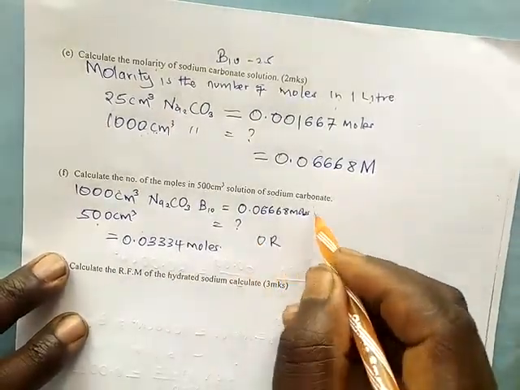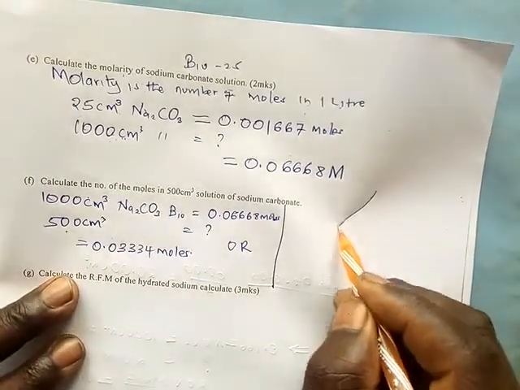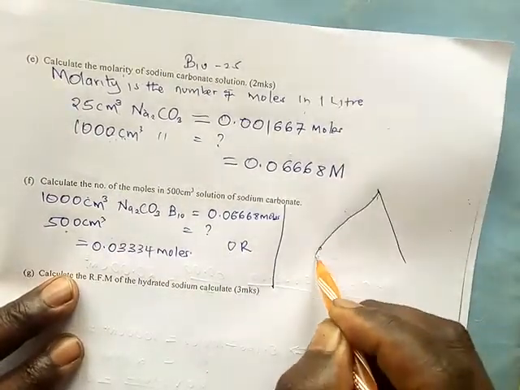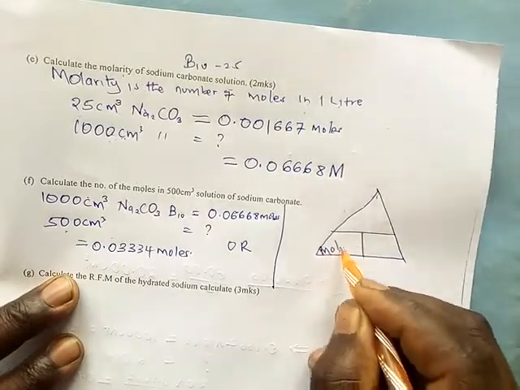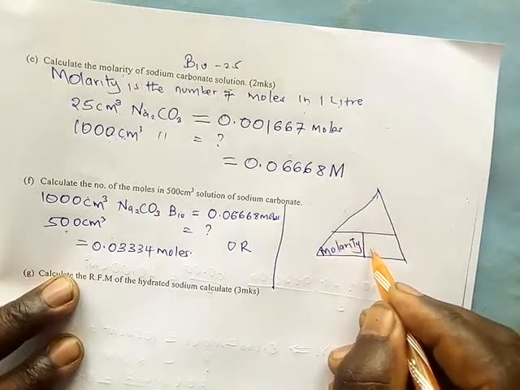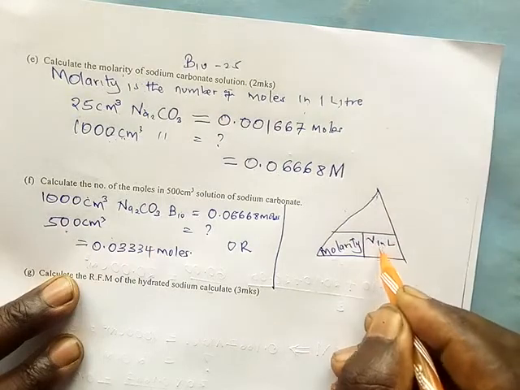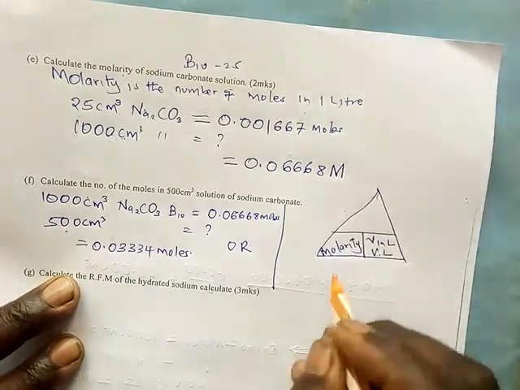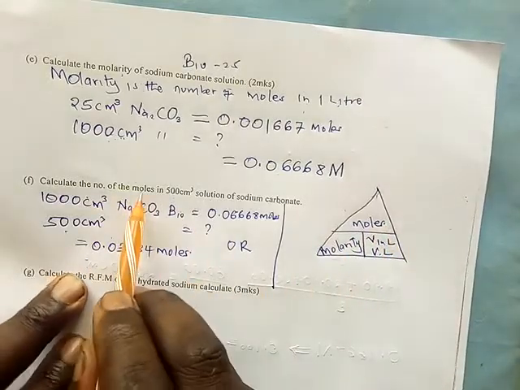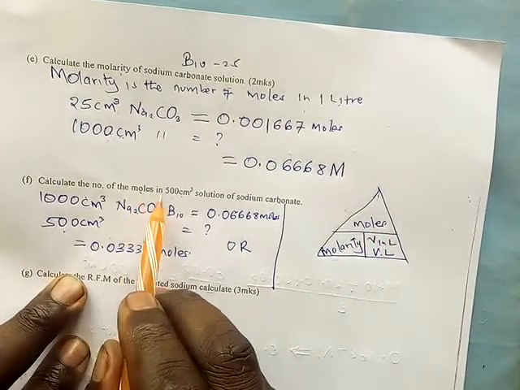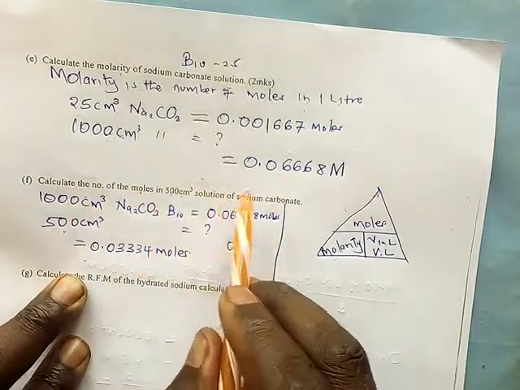Or I can give you the formula. There is a triangle we have here: molarity, volume in liters, that is V in liters, and then moles. So we are asked to calculate moles of 500. So we have volume, and we know the molarity of this. Molarity of the carbonate is this.